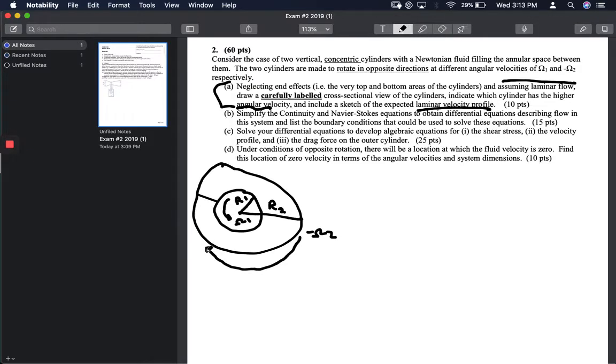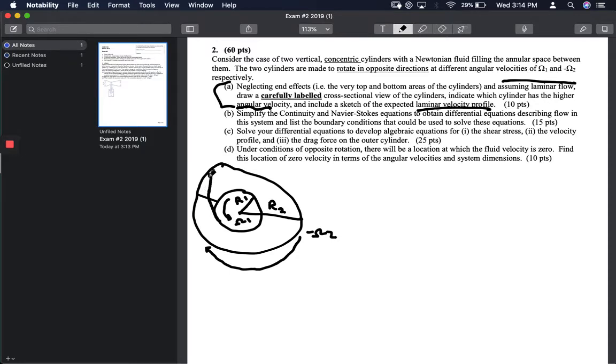So we know that at the boundary conditions, at the extreme conditions, which is R1 and R2, the lamina, or the layers of the liquid, are going to be moving with the cylinder's rotation, so that we can put something like this here for this side, and this here for that side.